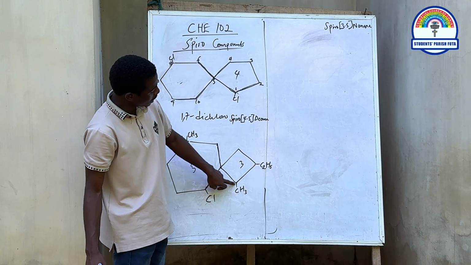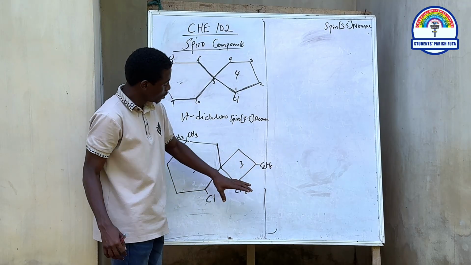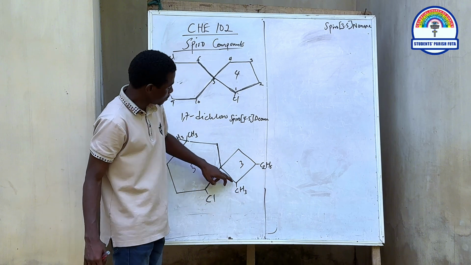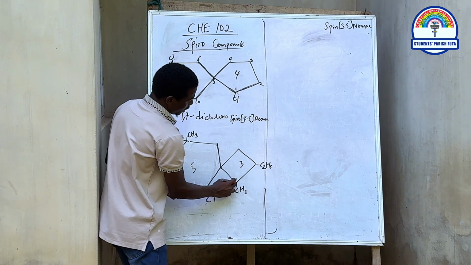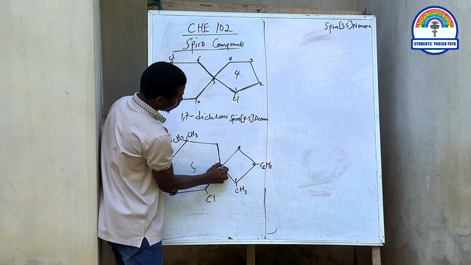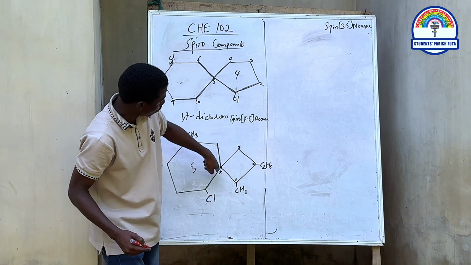If you start this as 1, this would have been 1, 2. So 2 plus 3, 5. 1 plus 2, 3. So this would take the lowest number of steps. So let's call this 1, this is 2, then this is 3, then this is 4, the meeting point. So it means we are going anti-clockwise.